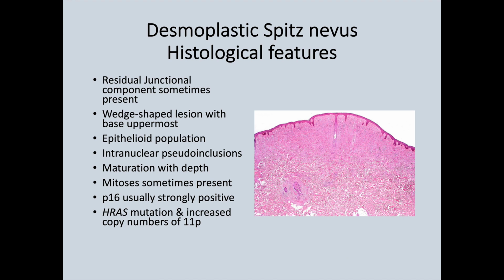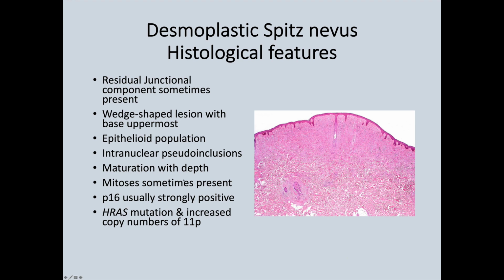We tend to say Desmoplastic Spitz nevi are composed of epithelioid cells, and that by and large is true, but as you've seen now, it may also contain spindle forms as well, so they're often a mixture of the two. I highlighted the intranuclear pseudo-inclusions and the maturation with depth.